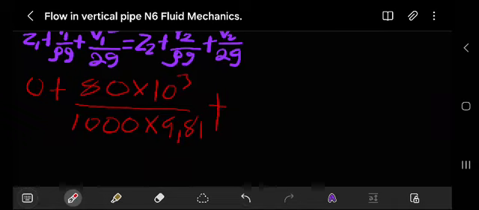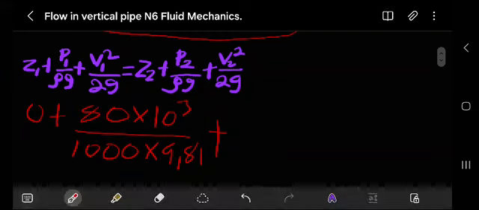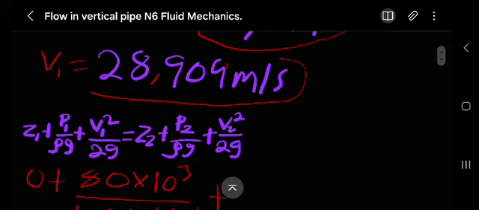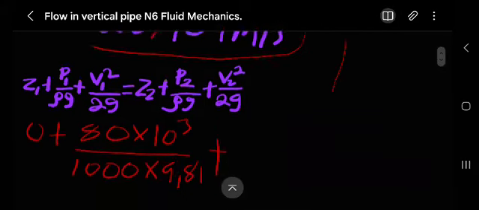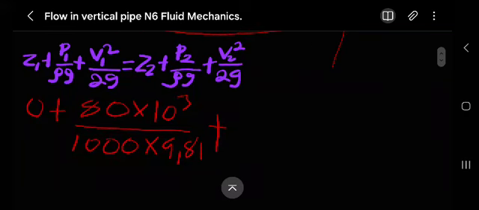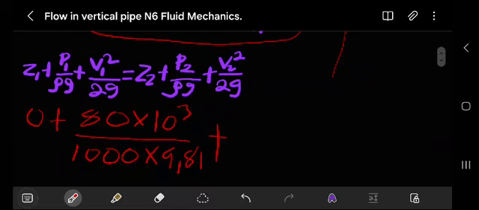Plus V1 squared. Remember, we apply this formula, plus V1 squared. V1 we've calculated, it's 28.909.